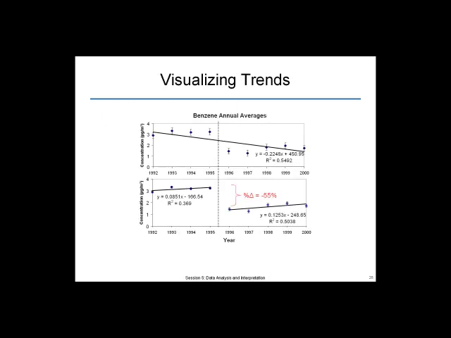All right, so we talk a lot about how you really need to look at your data. Whenever you're playing around with data, make sure you're graphing it in many different ways. Here's a case where we have benzene annual averages from the early 90s into 2000, and you can see this very big step change in concentration between 95 and 96. This happens to be California data.